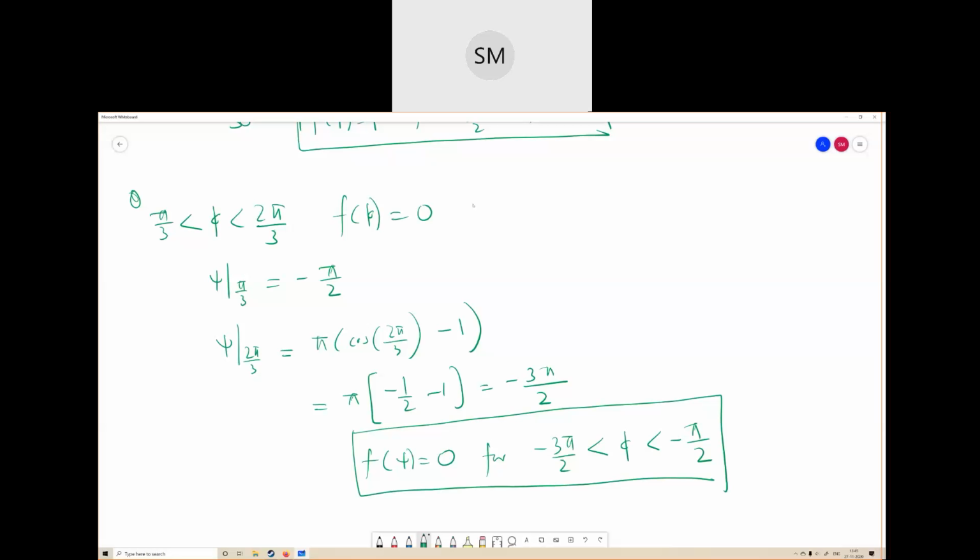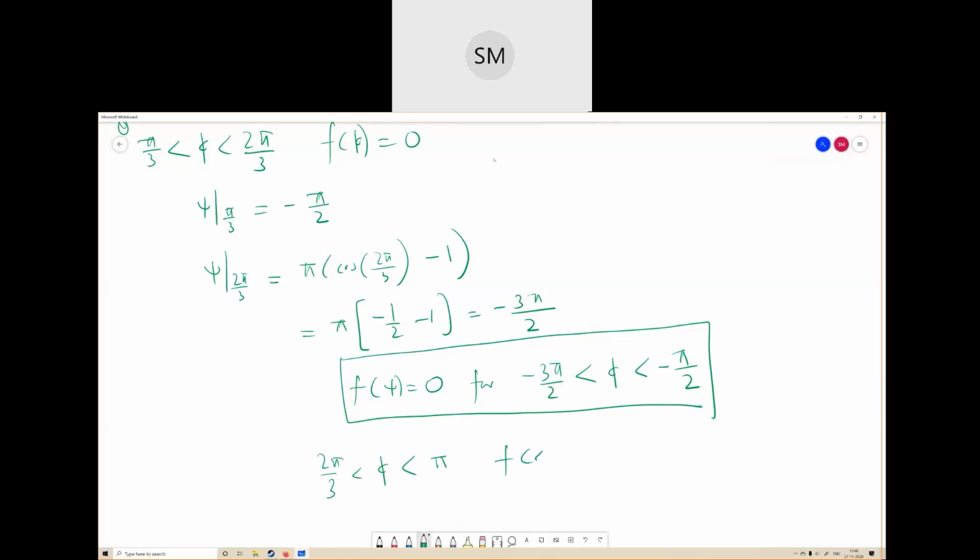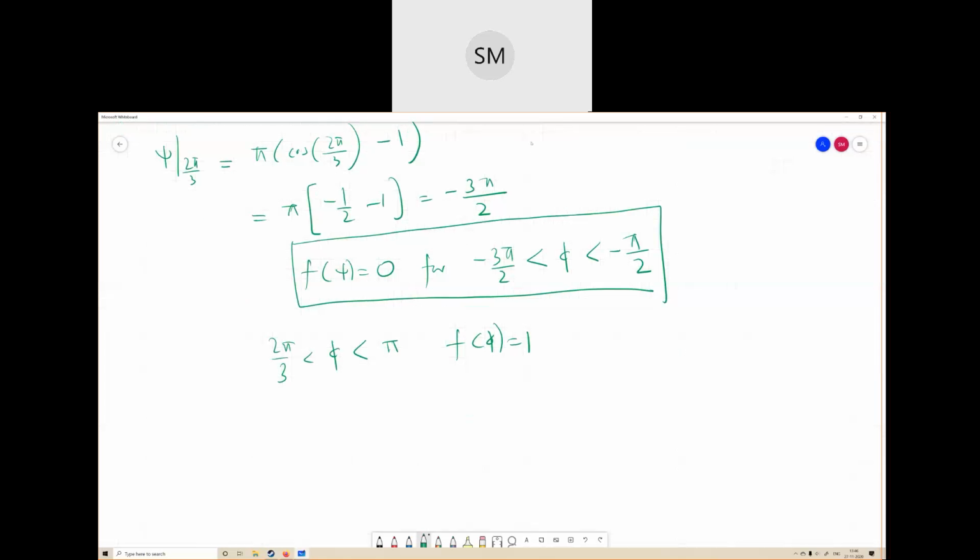Can it be okay, right? Finally, the third specification is phi from 2 pi by 3 to pi, where F of phi is 1 again. At phi equal to 2 pi by 3, psi is minus 3 pi by 2, this we know.